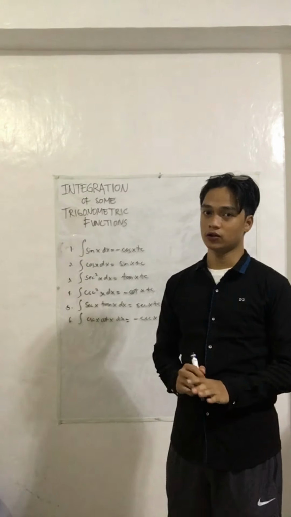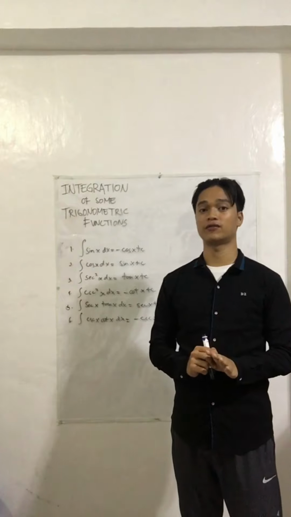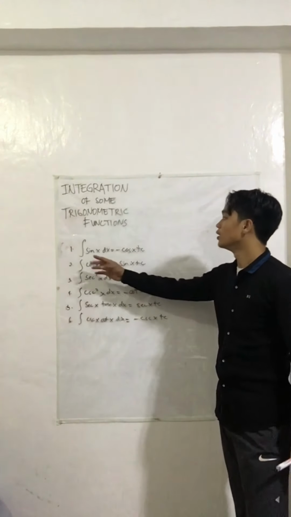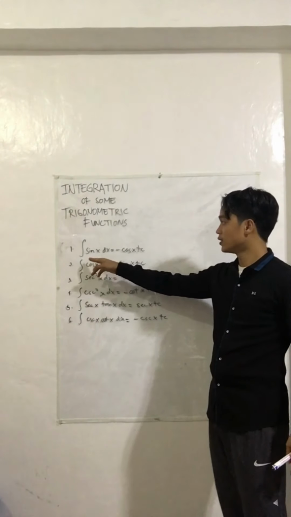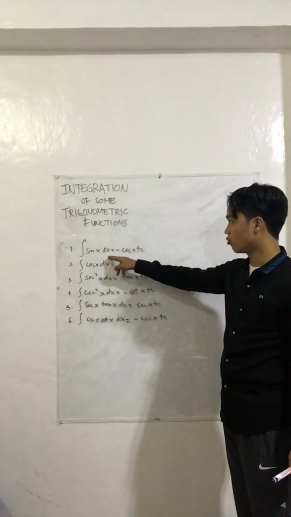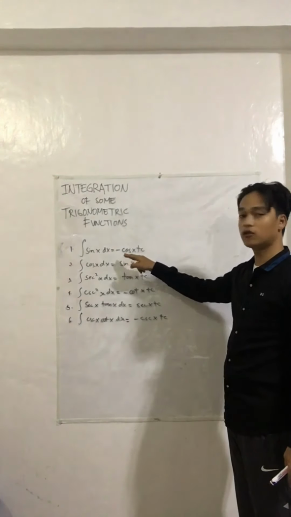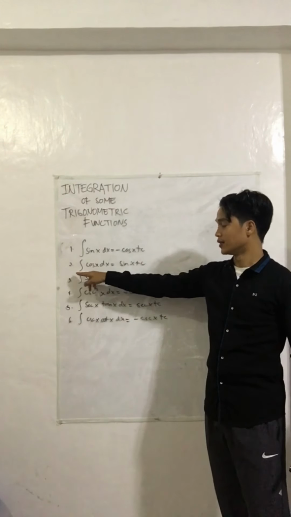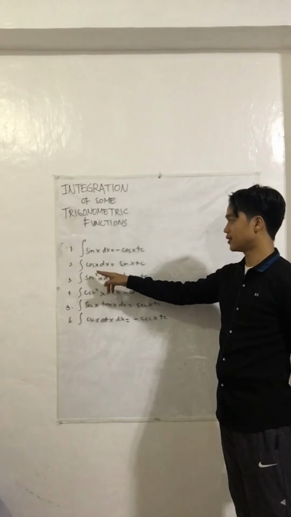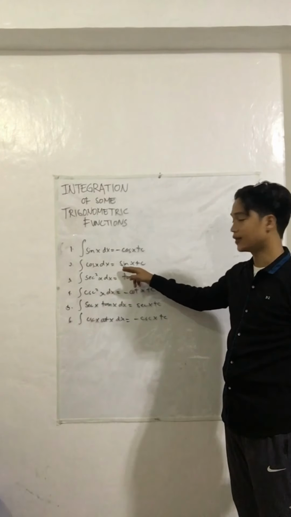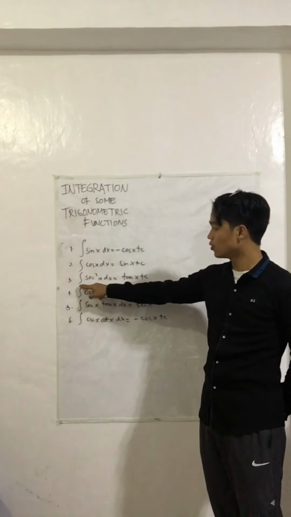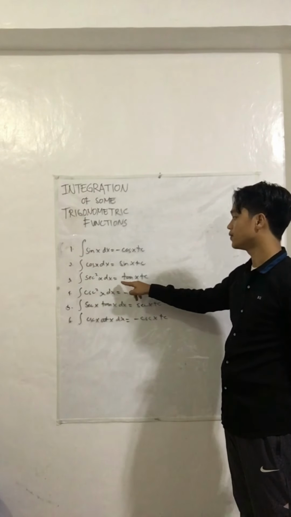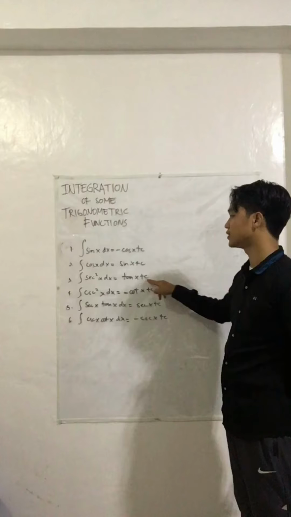So let's proceed to basic rules of integration of some trigonometric functions. The first rule, sin x dx is equal to negative cosine x plus c. The second rule, cosine x dx is equal to sin x plus c. And the third rule, secant squared x dx is equal to tangent x plus c.